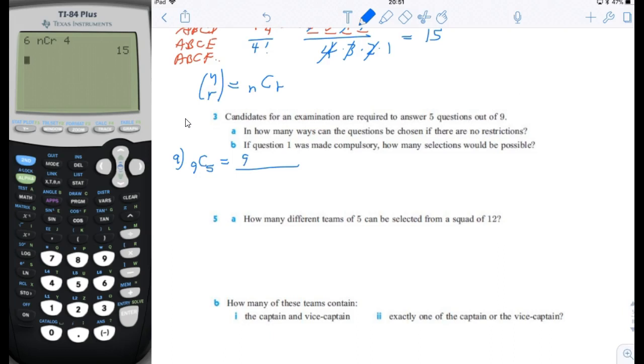9 factorial divided by 4 factorial, like that. And it would also be divided by 5 factorial.